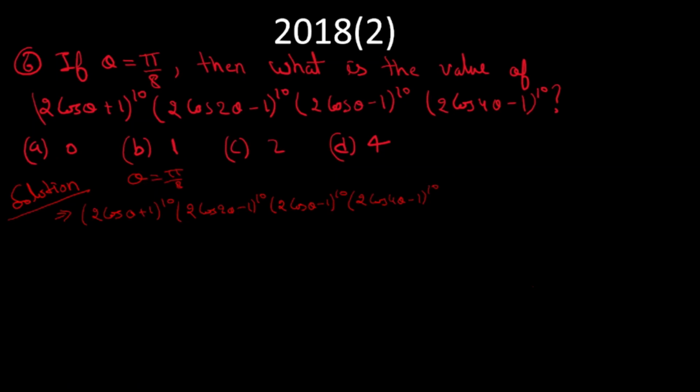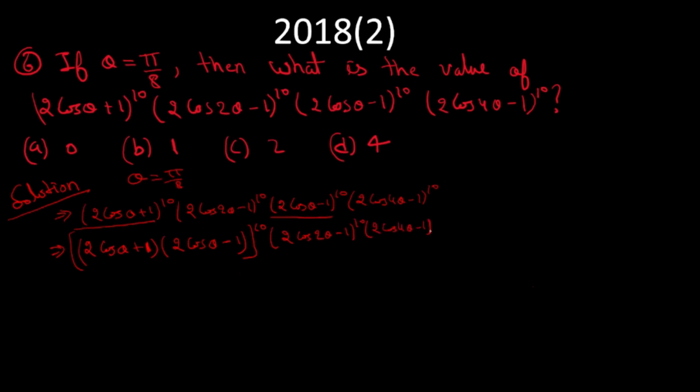So what we will do here is use this and this. Write down (2 cos theta plus 1) and (2 cos theta minus 1), and that's power 10, and here (2 cos 2 theta minus 1) power 10, and (2 cos 4 theta minus 1) power 10.